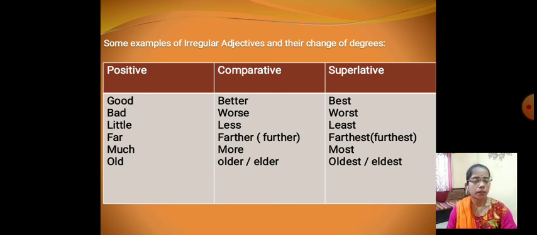So these are the differences between positive, comparative and superlative degrees. I hope you understood all the comparison of the degrees. You have to study all these degrees properly, because for making a sentence it is very useful for all of you.